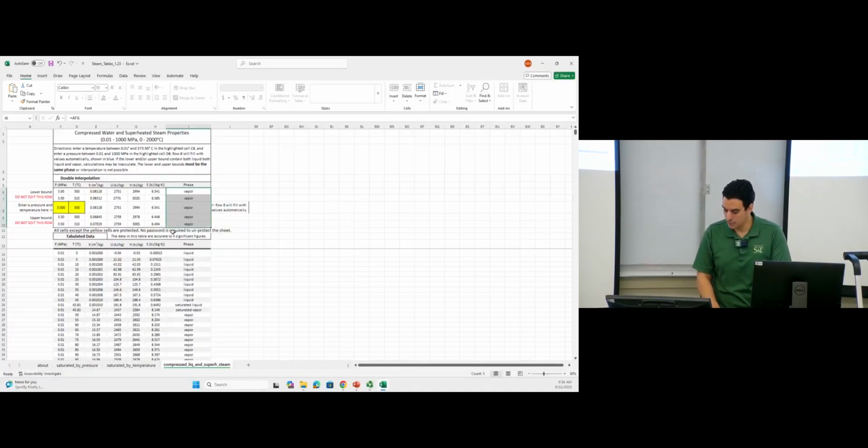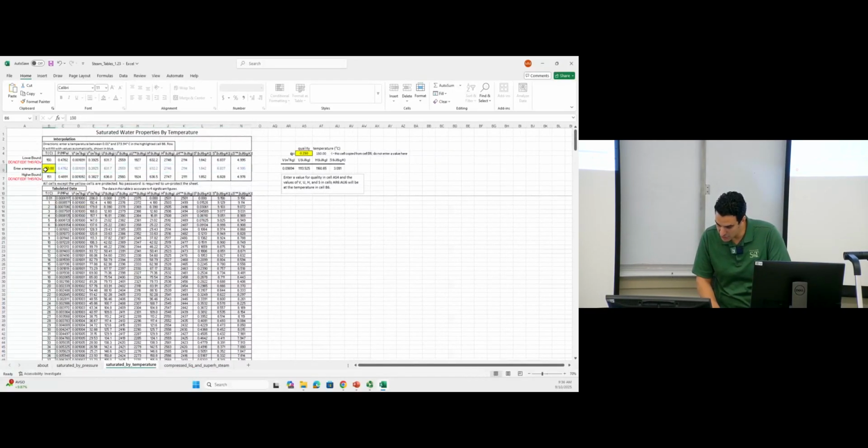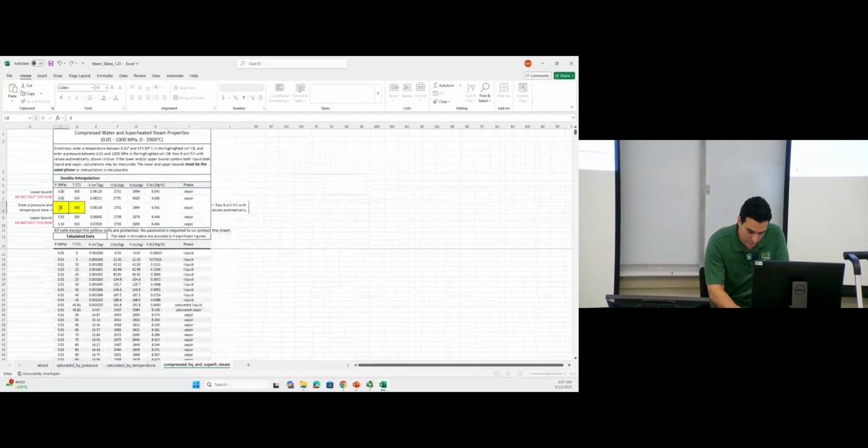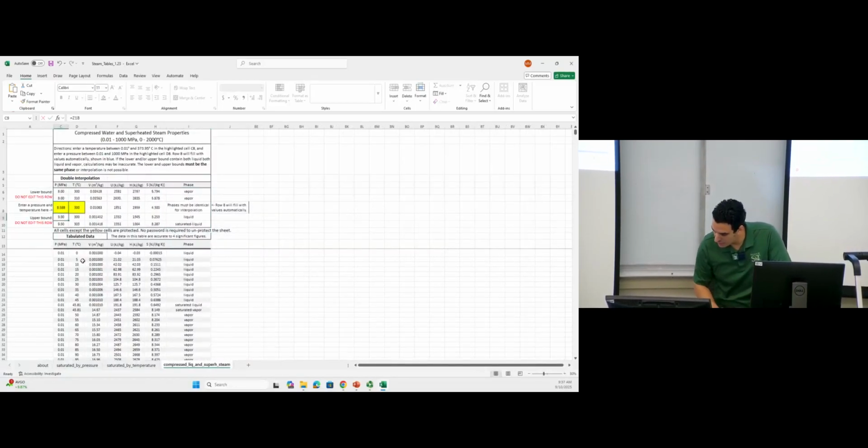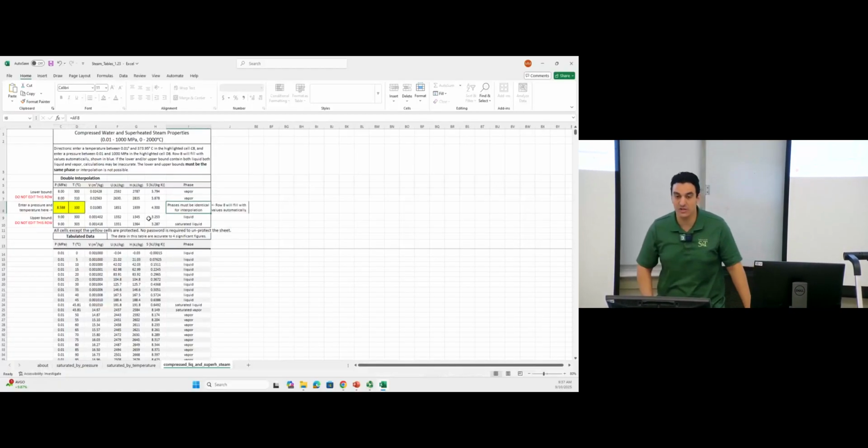Okay? Is it clear? Let's do one thing. I didn't check this before, but let's assume I have 300 degrees Celsius and the saturation pressure is 8.588, so let's put in 8.588. Okay, so when I put this in, this is exactly the saturation temperature and pressure. See, it says the phases are identical.